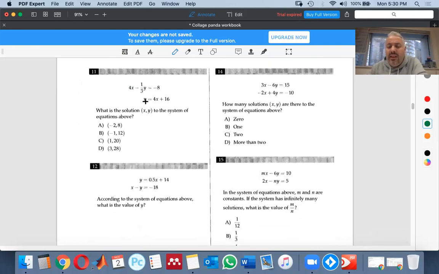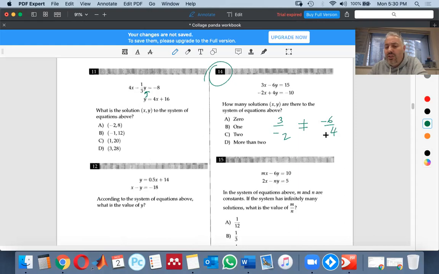This is, as we did in question number 1, just take it and put it here, and then you can get the result. What about here, question number 14? How many solutions are there to the system of equations? Check the coefficients. 3 over -2 different than -6 over 4?